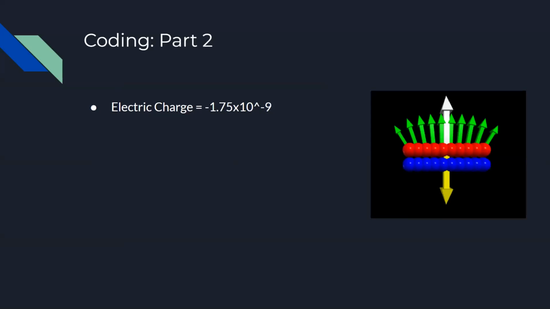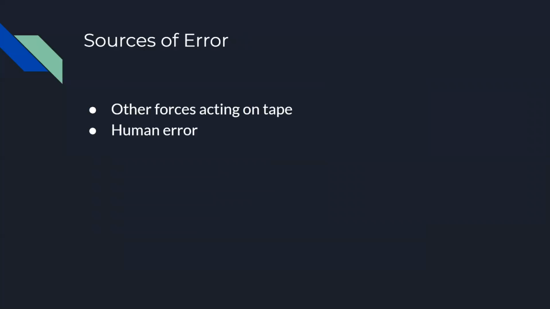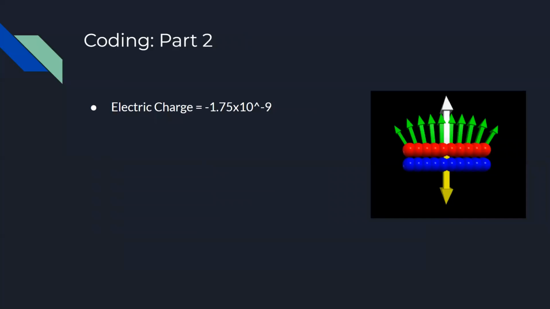And since this number is lower than the original number that we got for the measured electric charge, I believe that the distance I measured was too small, because this means that there's less actual charge required at that distance than what was expected.